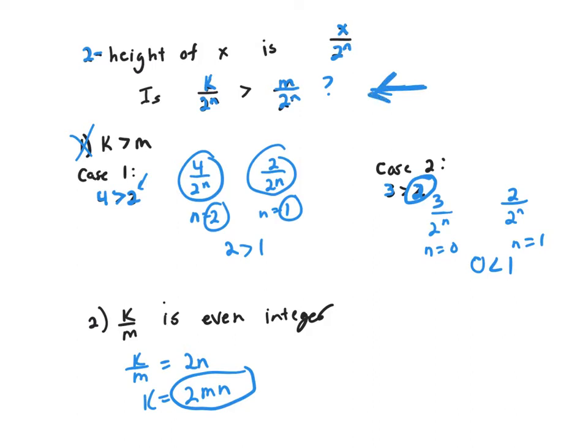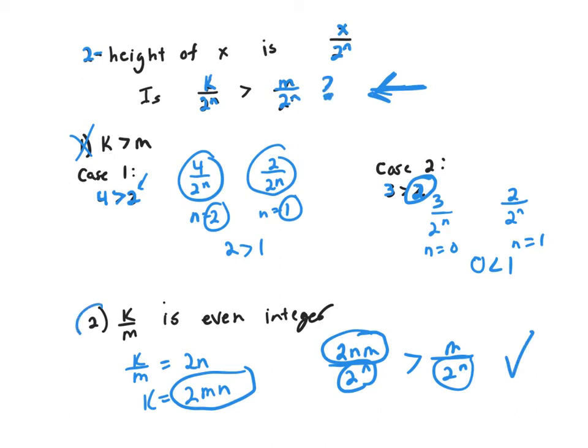So I get 2nm over 2 to the m. Is that greater than m over 2 to the n? Your denominators are the same, and this is a larger numerator, so yes, this is true. So we have answered the question, yes. So clue 2 worked.